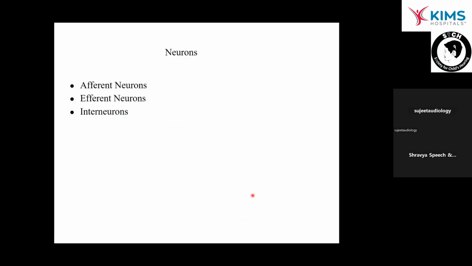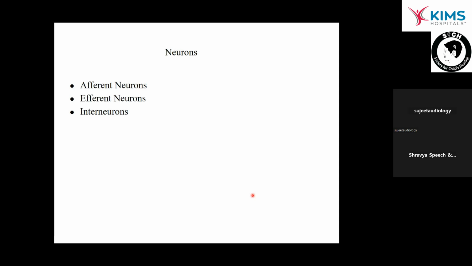There is another way of classifying these neurons: afferent neurons, efferent neurons, and interneurons. The work of the afferent neuron is to carry the signal from the peripheral system to the central system. For example, the auditory nerve carries the signal from the inner hair cell to the cochlear nucleus.